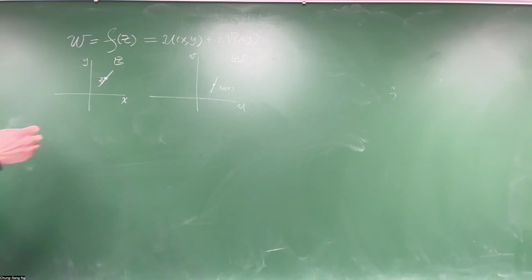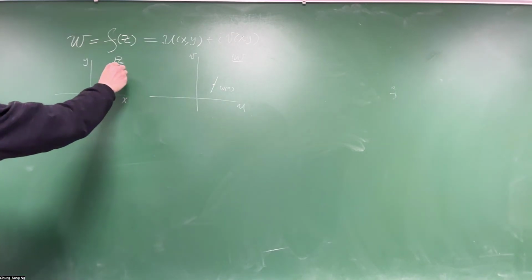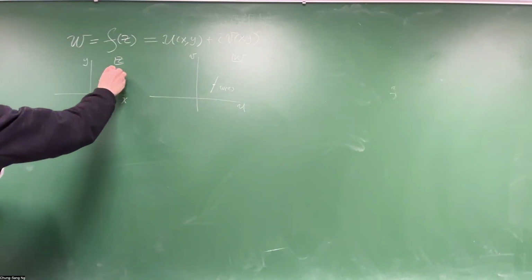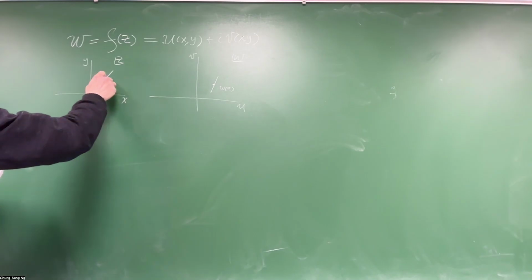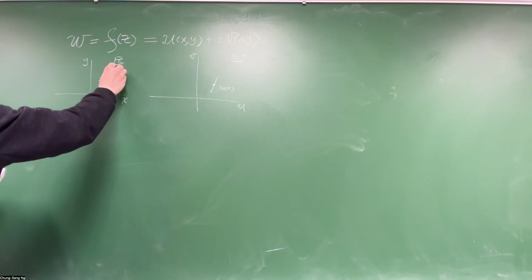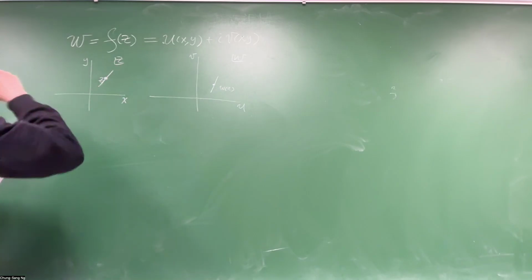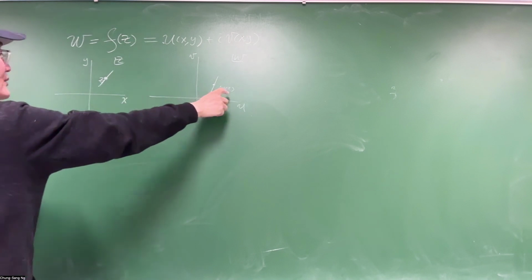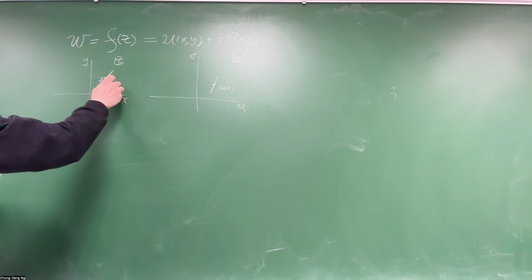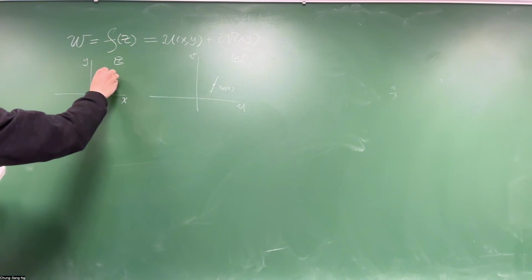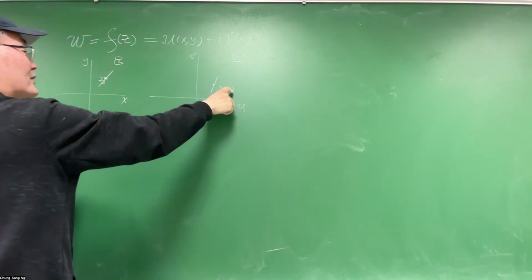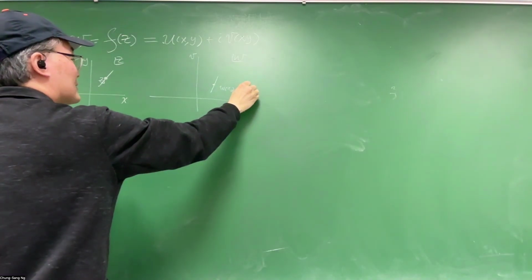Okay, so if you call the points on this straight line, give it a name. This is Z, this is W. Let's call this point Z equals z sub 0. Evaluate W at z sub 0, call it W sub 0.